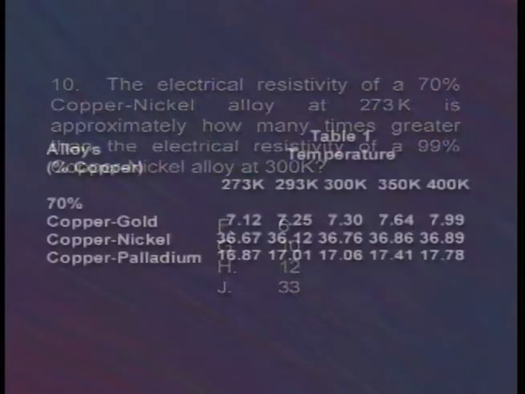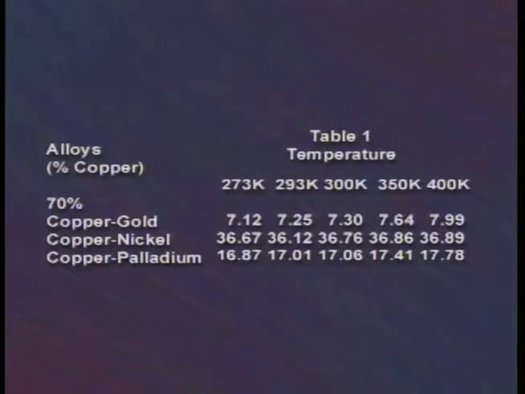To answer this question, we have to find 2 pieces of information in the table and compare them. First, the electrical resistivity of a 70% copper-nickel alloy at 273 degrees Kelvin. Looking at the table, find the intersection of 273 degrees and a 70% copper-nickel alloy. This value is 36.67. Circle this number or write it down.